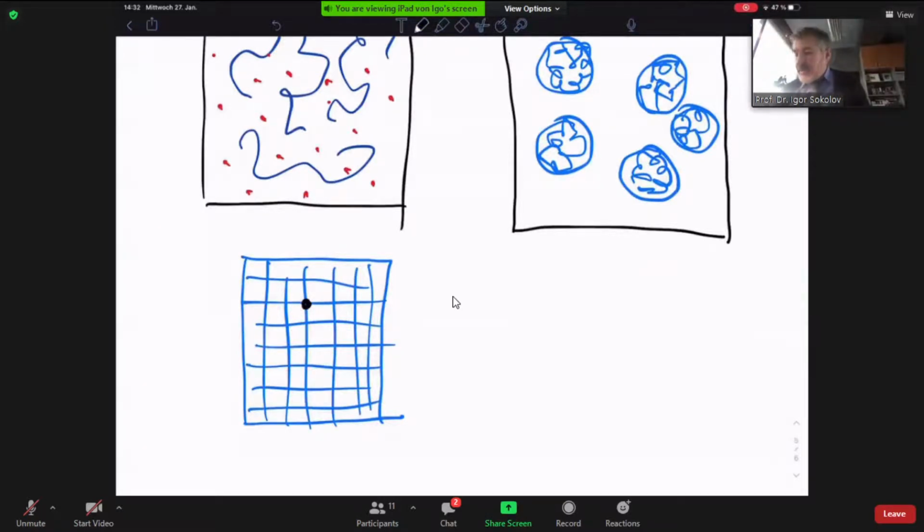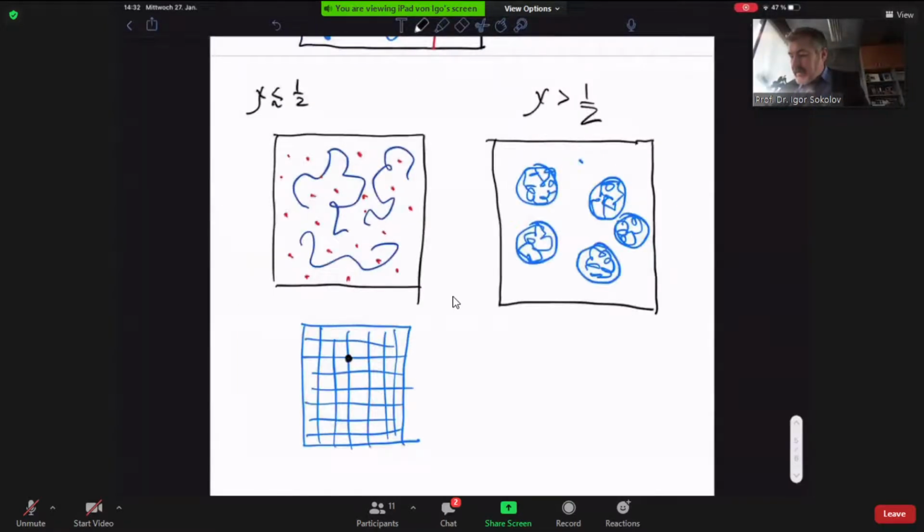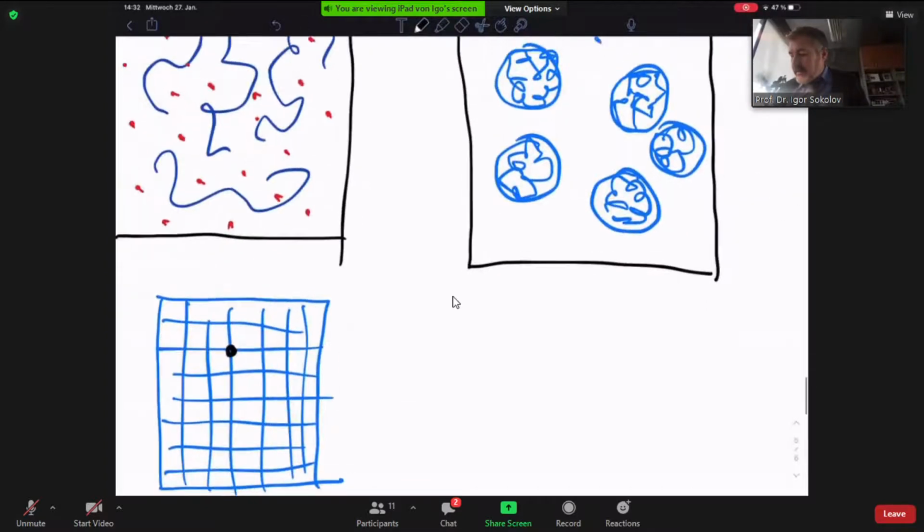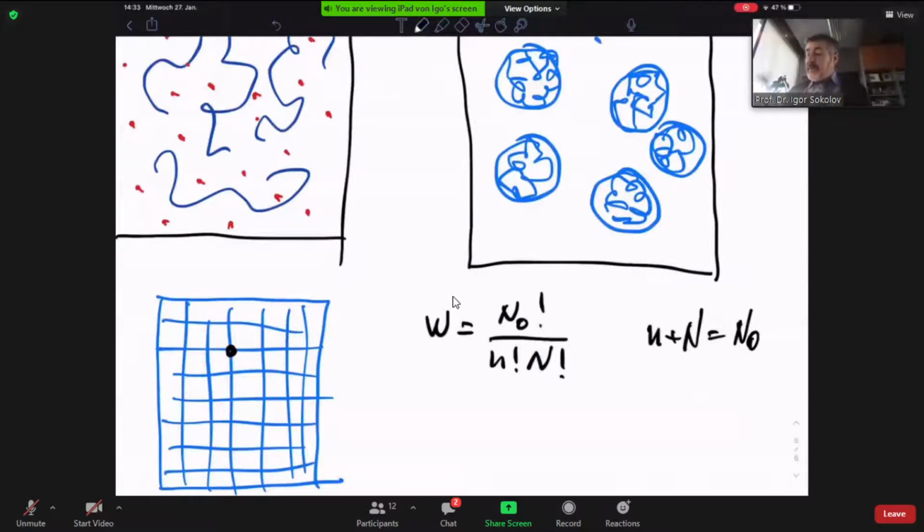Essentially, if we have the placement of two kinds of objects, you normally have this binomial formula. W is n0 factorial over n factorial times N factorial, and n0 is the total number of sites, where n plus N is exactly n0. This is the binomial formula. This you know from our lattice gas.